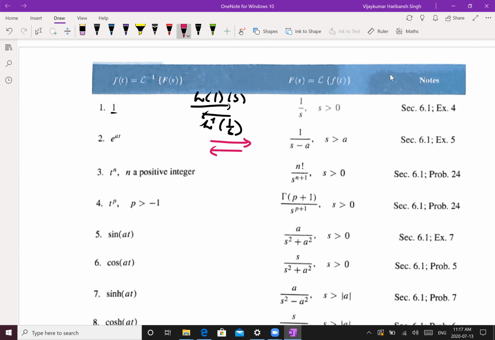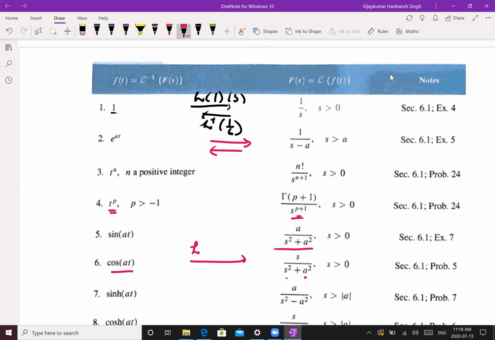If you have t to the power n, the Laplace transform is n factorial upon s to the power n plus 1. If you have t to the power p, it is the generalization of n factorial, which is the gamma function. All right, so it is gamma of p plus 1 divided by s to the power p plus 1. Sine of at gives a upon s squared plus a squared. Cos of at gives s upon s squared plus a squared. So this is a Laplace transform.